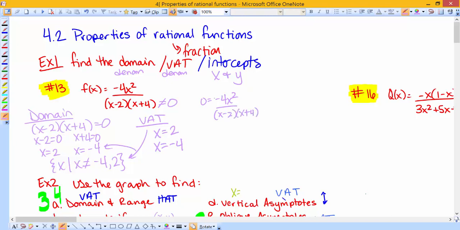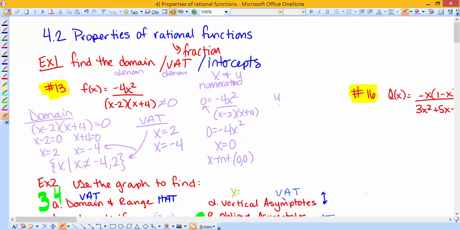Now I don't want that fraction. So when I multiply by 0, that's just going to go away, and I'm left with 0 equals negative 4x squared. So a nice little shortcut here is your denominator is always going to go away. So your x actually comes from the numerator. So here I go through, do the math, and x equals 0. So my x-intercept is at 0, 0.